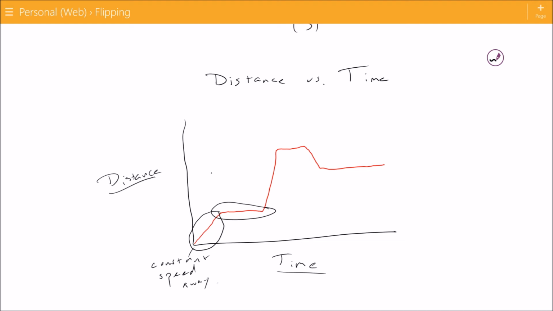So you can picture it driving along and then you get to a point, maybe a stoplight, and you sit there. Time continues, but there is no movement. So this would indicate that there's some sort of stop and wait. Time continues along, but there's no change in distance. There's no movement going on.